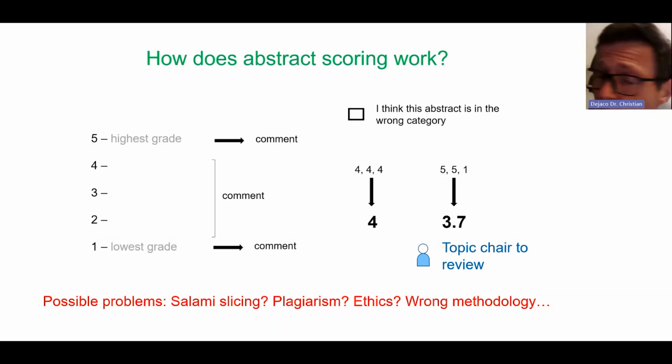You could have a really super innovative trial, but when the reviewers think that what they have done is really unethical, and not something that should be presented, then they can give a rating of 1, but they need to explain. The topic chair reads the comment, reviews the abstract himself, and then makes a final decision. Or maybe the wrong methodology was chosen.